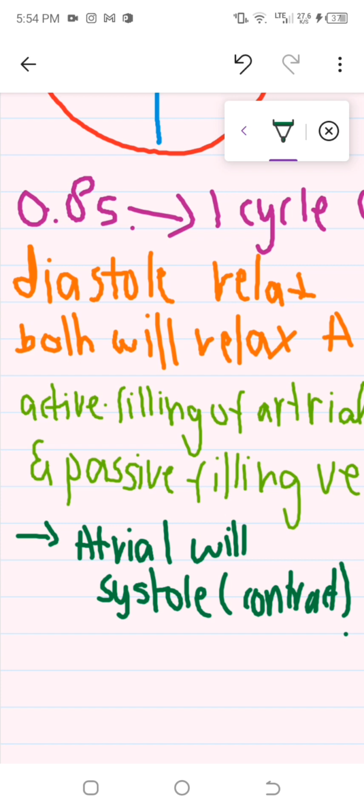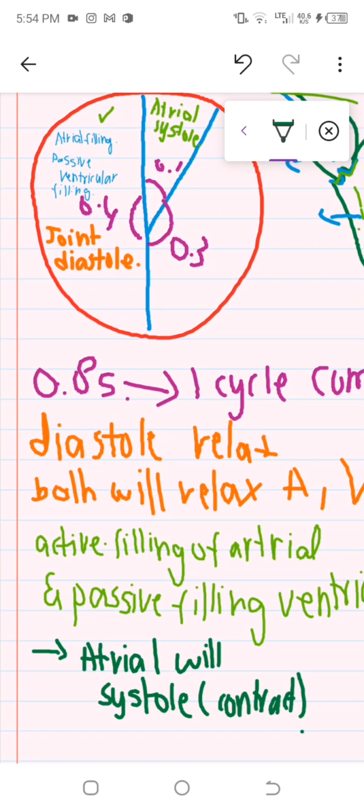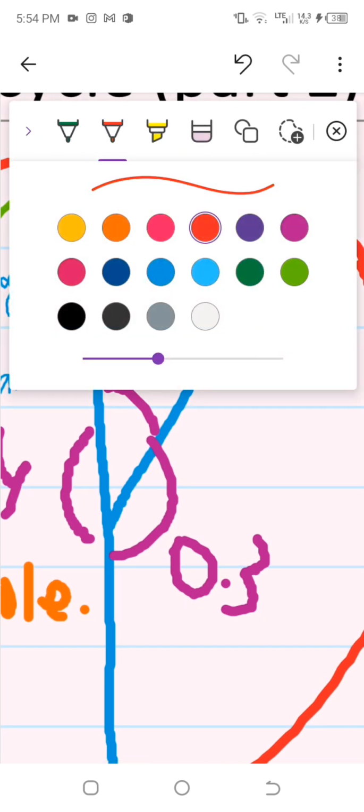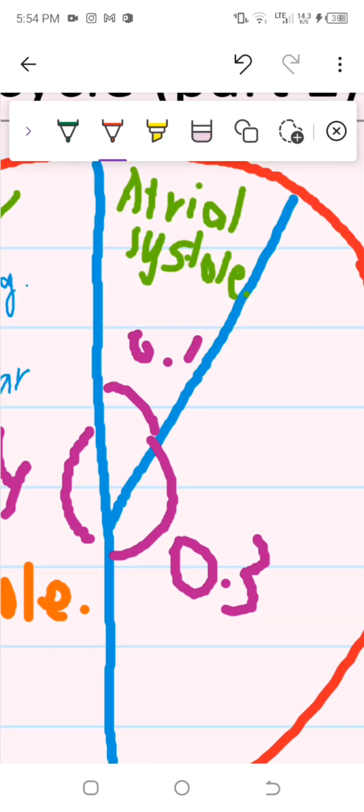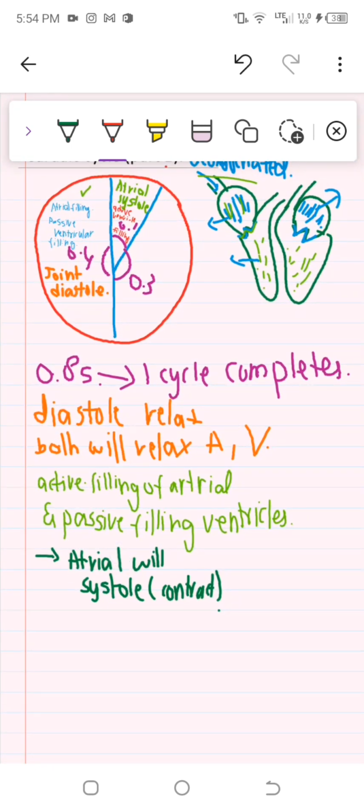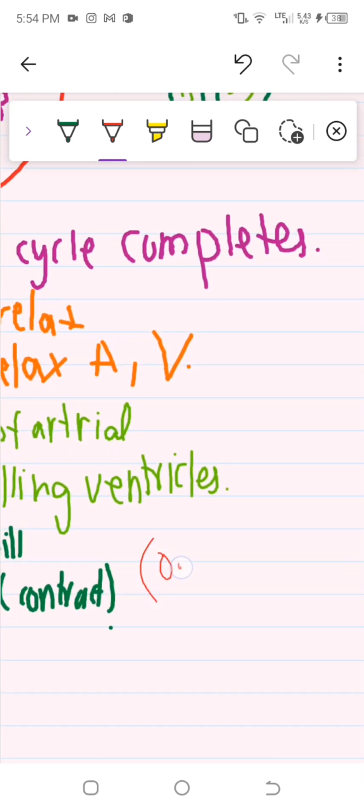When the atria are contracted, we have active filling of the ventricles. Now, how much time does the atrial systole take? It takes only 0.1 second.